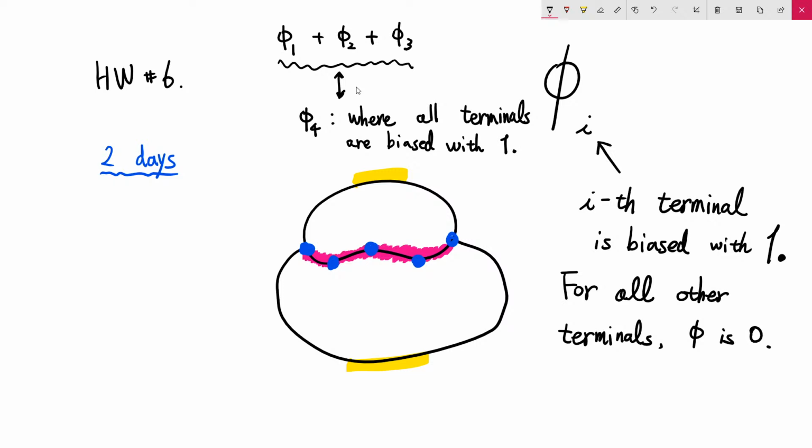Then you can find that the sum and this scalar field are identical.